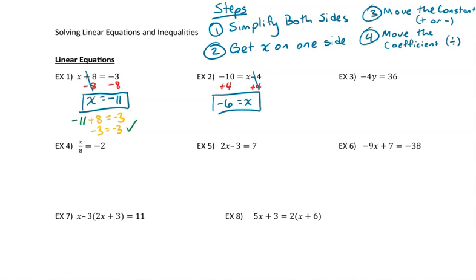So if we divide both sides by negative 4, then negative 4 divided by negative 4 is 1, so that is just going to cancel out. We're just left with y, equals 36 divided by negative 4 is negative 9.